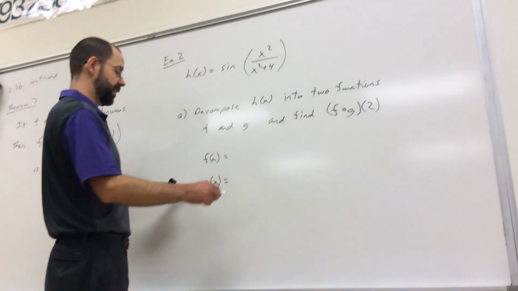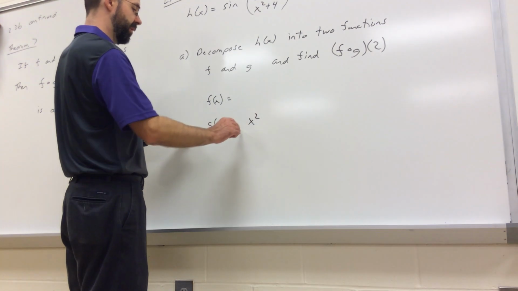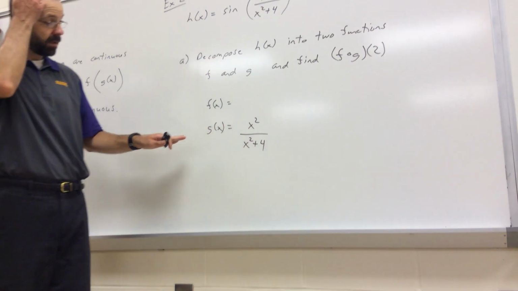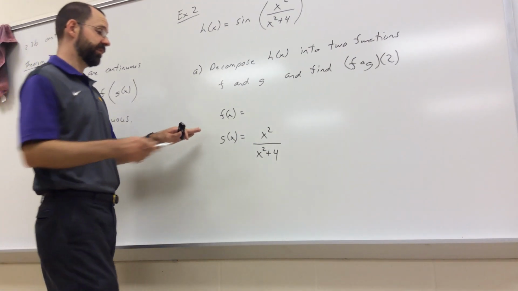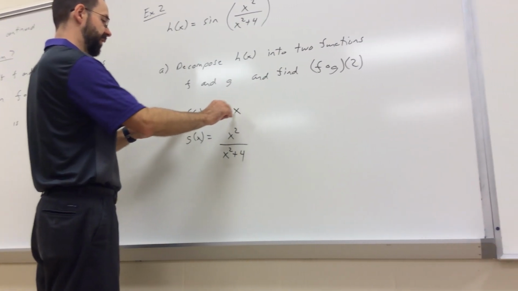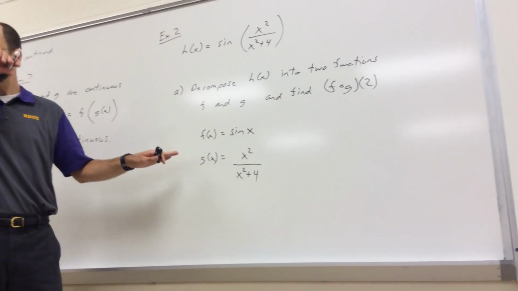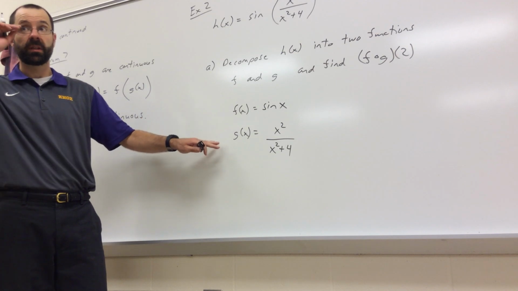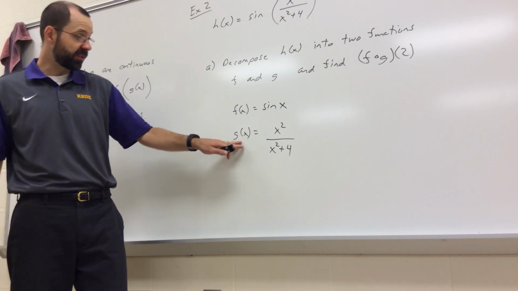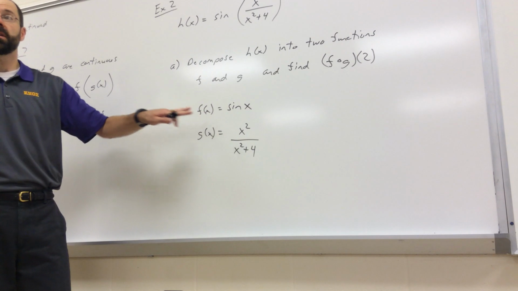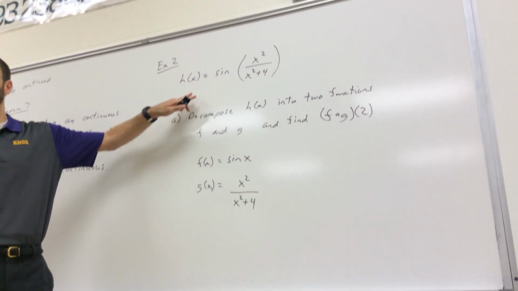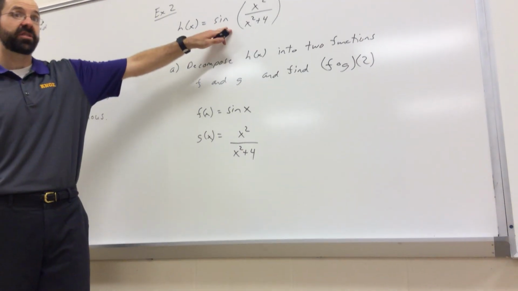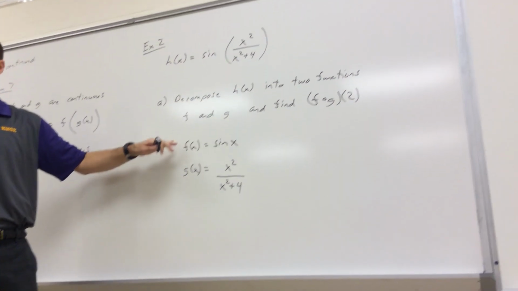So I'm going to pick my g to be x squared over x squared plus 4. And then I'm going to pick my f to be sine of x. So now I've got two separate functions. And if I plug this function into that one, then I end up with h. So that's called decomposing. This is the composition, and this is the decomposition.